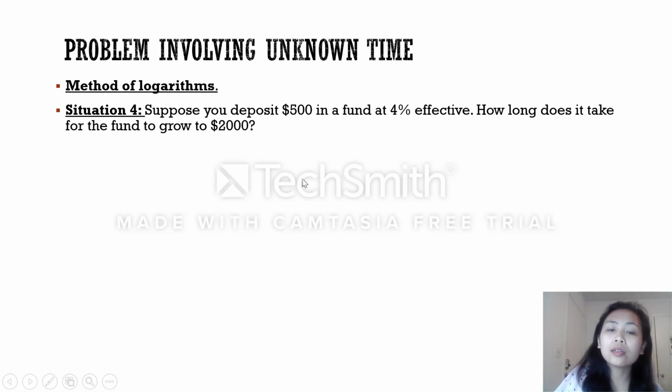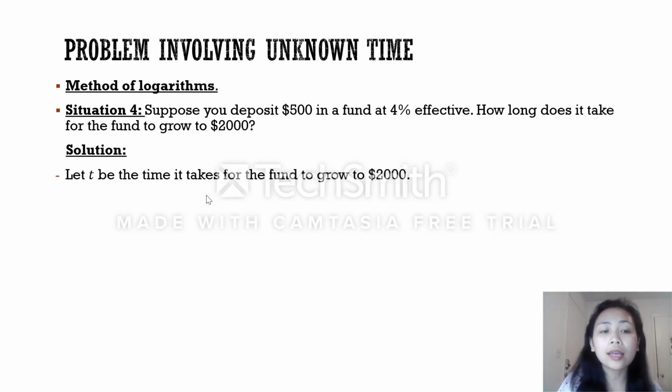And we know that at a certain time the money will grow to 2,000. So the question asks for time. This is the problem when we don't know the time. So we say t is the time it takes for the fund to grow to 2,000.